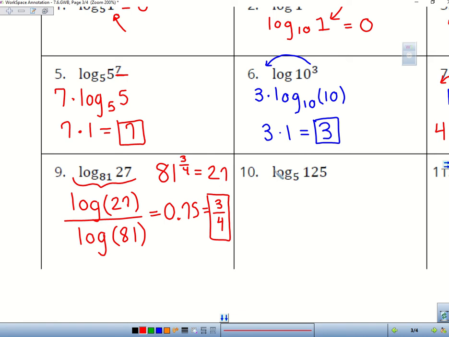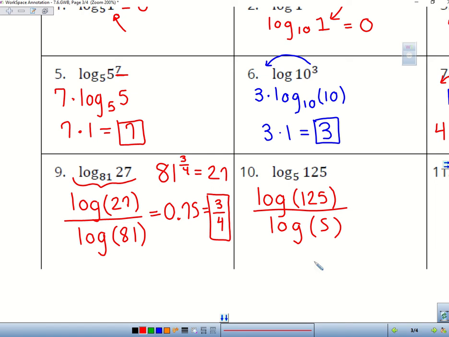So here, if we read it that way, we're trying to figure out what power I can put 5 to, to get me to 125. And you might know that one off the top of your head, but let's go ahead and do it in the calculator to practice. So that's log of 125 over log 5. Now if you have a fancier calculator, you type the log button first. But on these standard calculators, you hit the number first.